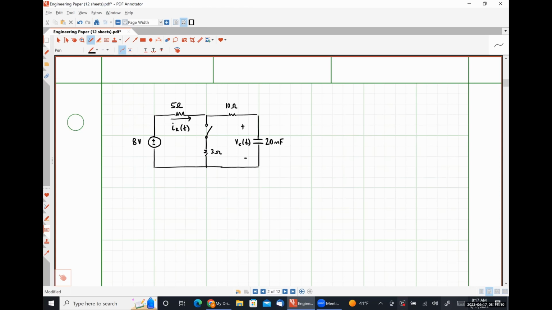I'm interested in the capacitor voltage and the current flowing through the 5 ohm resistor. I'll let you guys pick. Is the switch opening or closing? Closing. All right.